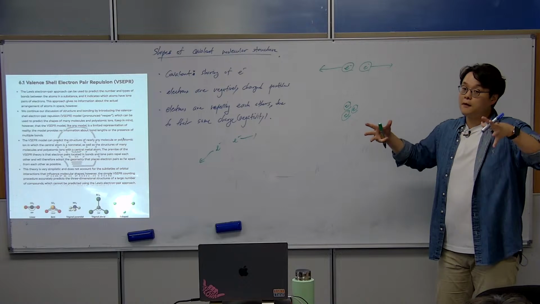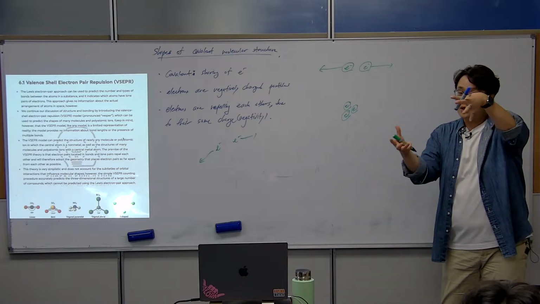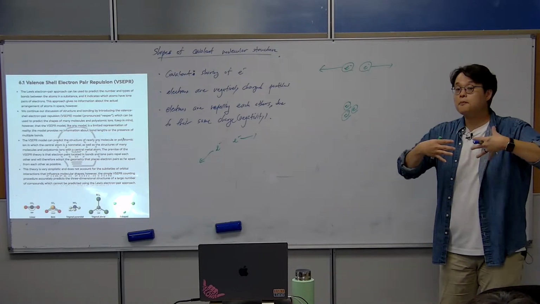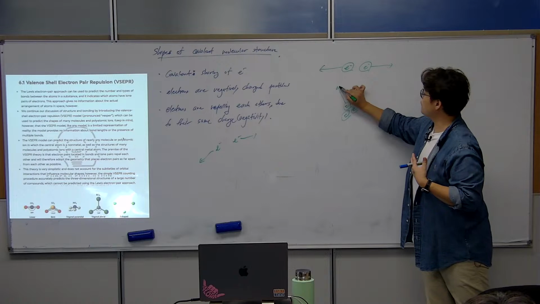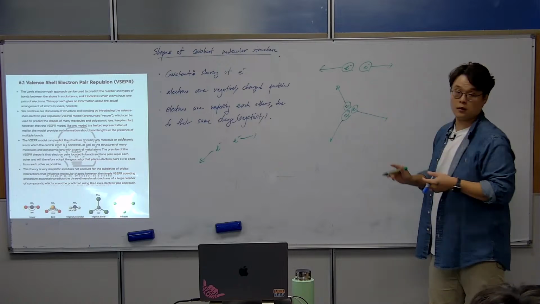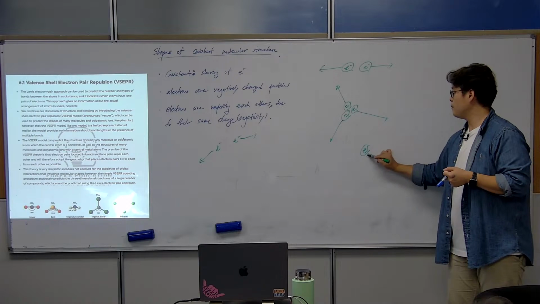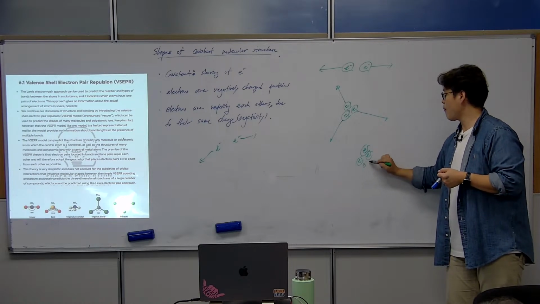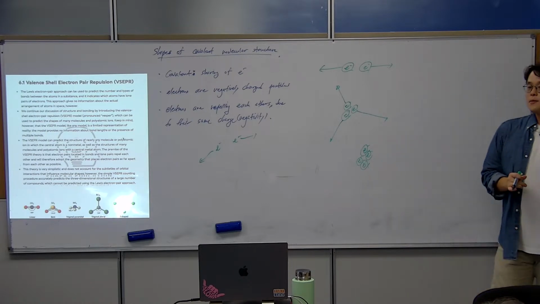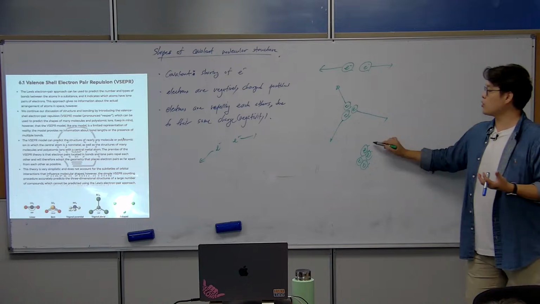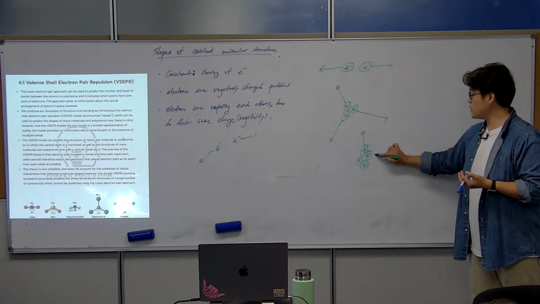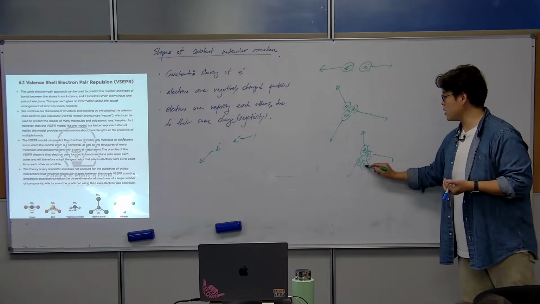So theoretically, when I try to put them together there, they will push each other into different directions. What about four? In terms of repelling each other, one goes up, one goes in this direction, one comes out of the page.